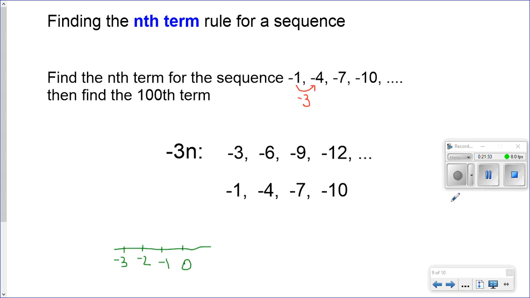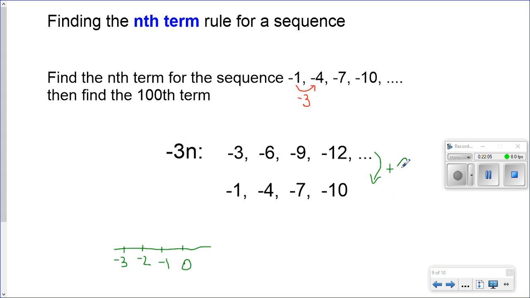If I start at -3 and I want to move to -1, I actually have to go 2 places to the right, which means we have to add on 2. So to get from -3 to -1, we have to add 2. And that's the same for all of these numbers. Because we're deep in the negatives and we want to go lower in the negatives, that actually requires us to add on some numbers.